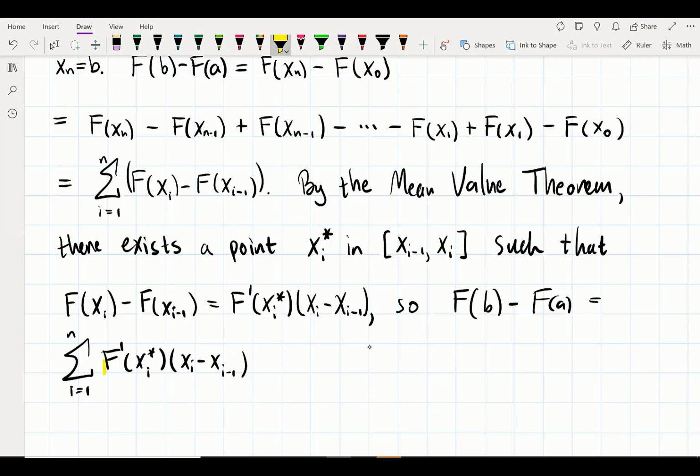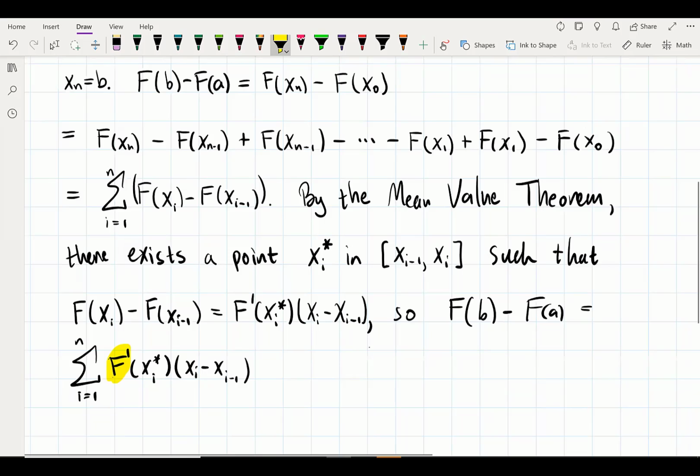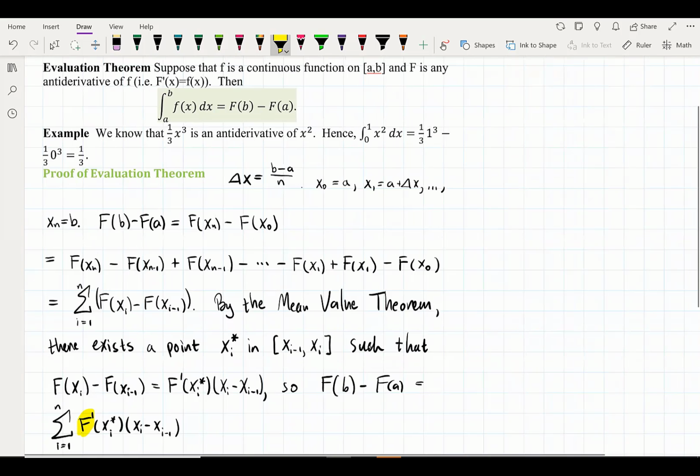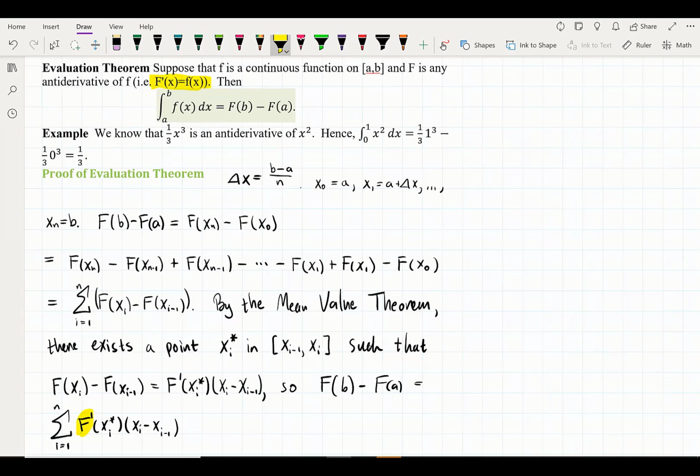Oh, but capital F prime was little f. That was given in the setup. Let me just show you. Right here, capital F prime is little f. And the difference between any two consecutive endpoints of the subintervals is what we called delta x.